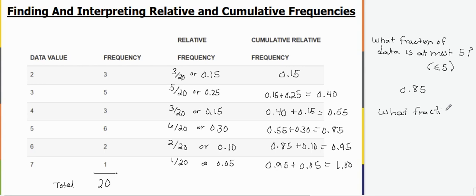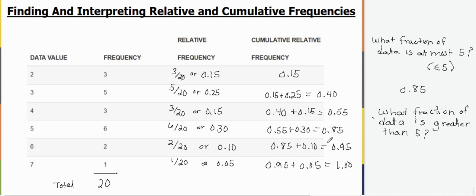What if I wanted to know what fraction of data is greater than 5? What if I want the opposite? So I know that right here, 0.85 lets me know how much of my data was less than or equal to 5. If I want to know what was greater, well, it's going to be everything else, right? So my other two rows, 6 and 7, are greater than 5.